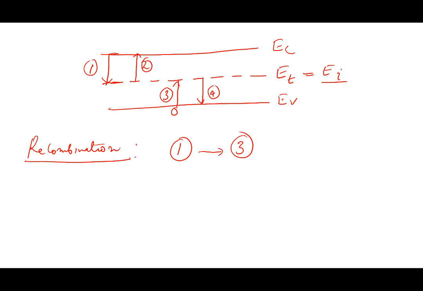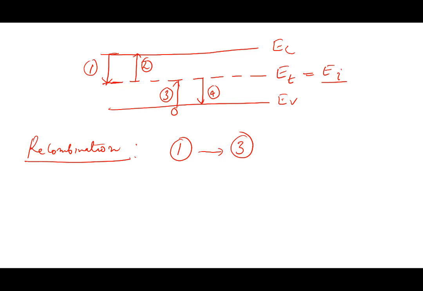Remember, capturing a hole actually means what? It's advisable not to think of the valence band in terms of electrons. As I said, once we have said all the electrons in the valence band, collectively their effect can be modeled in terms of holes.